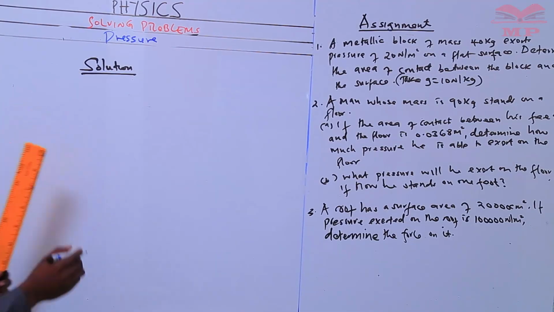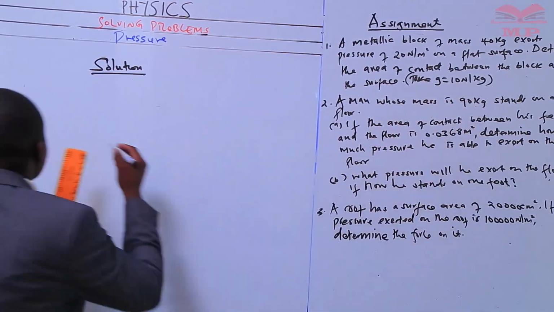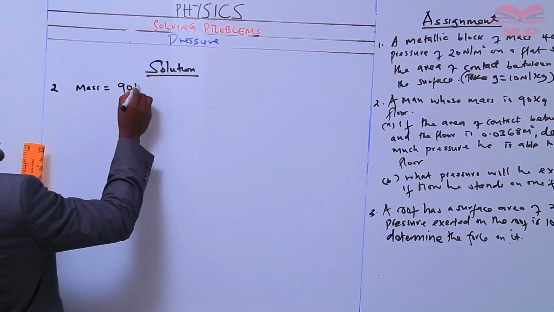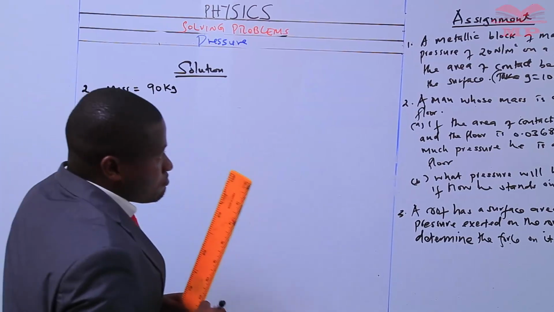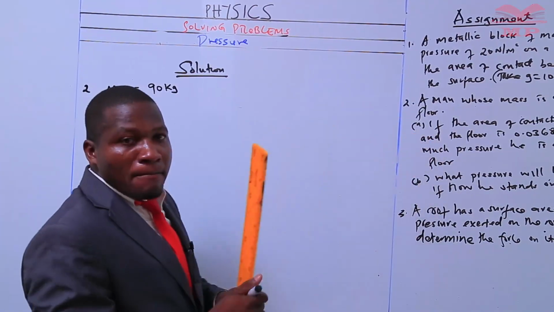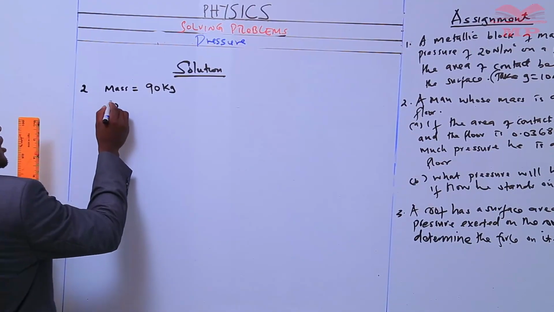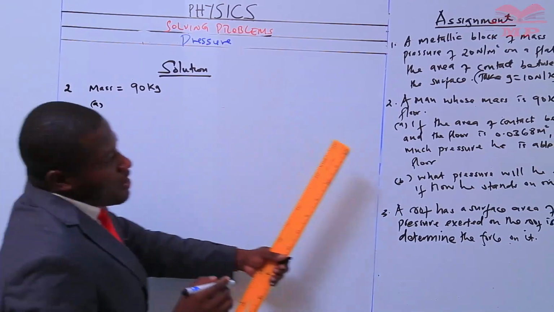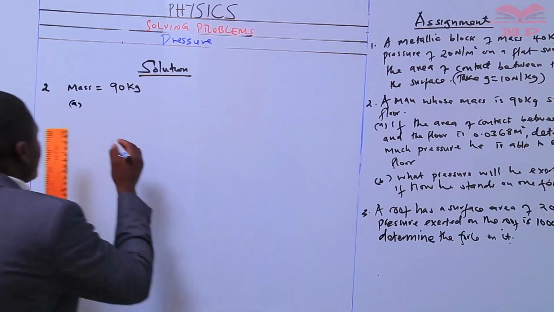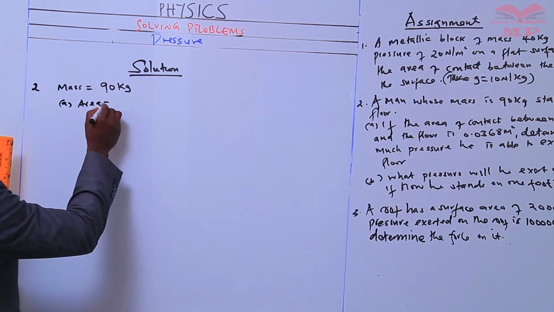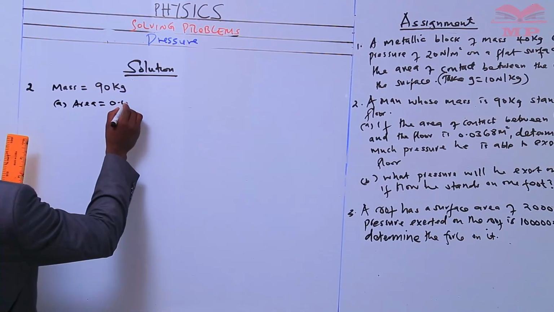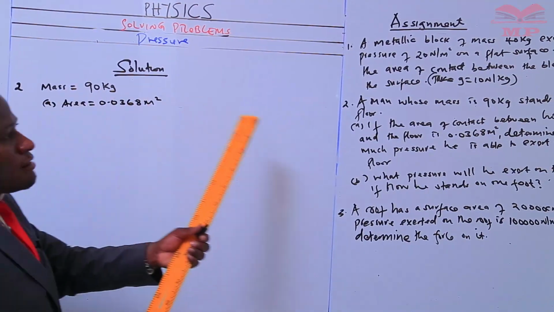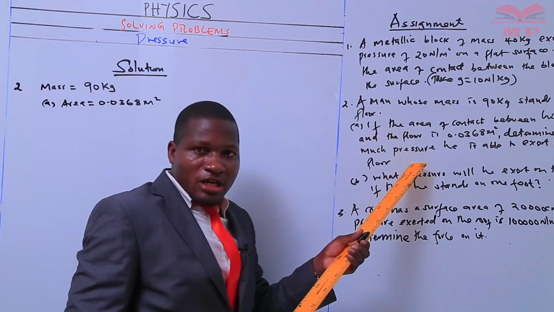We have been given the mass, which is 90 kilograms, and we have also the area, which is 0.0368 meters squared. We are being asked to determine the pressure.